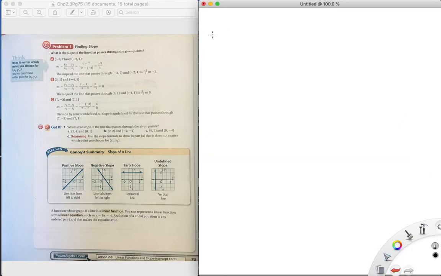These are all graphs of lines, so we could call these linear equations or linear functions. We have both of them.